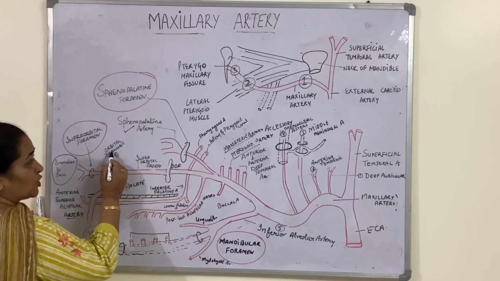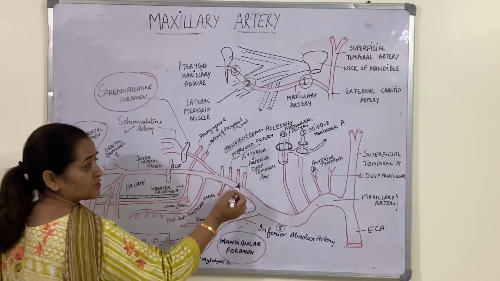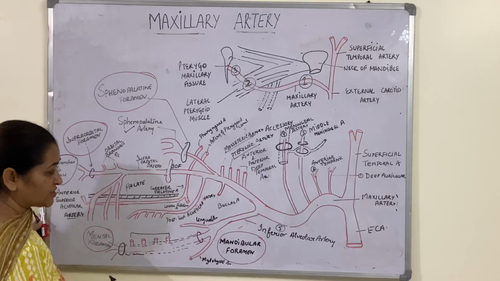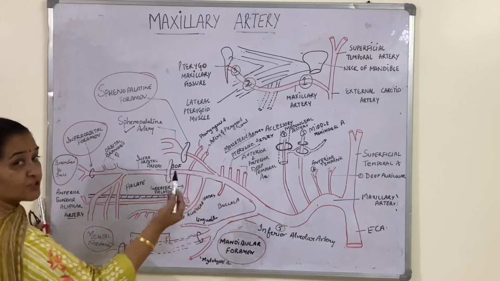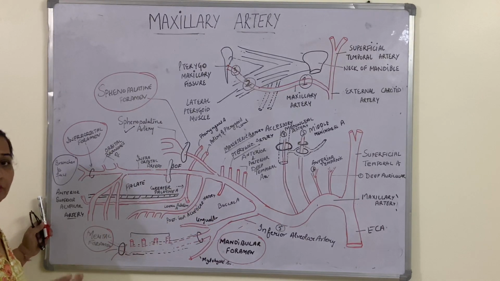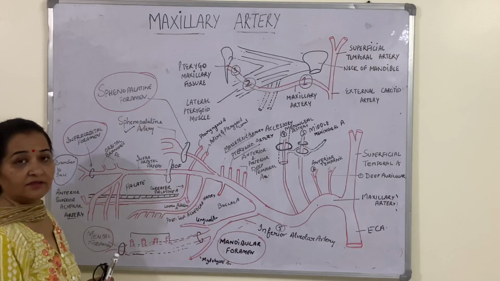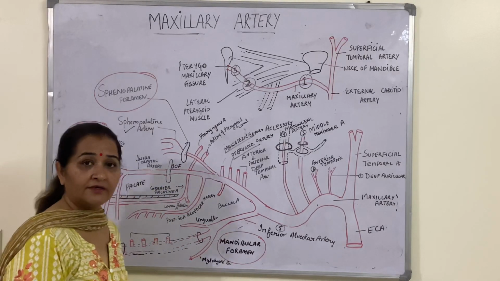Similarly, the orbital branches go to the orbit. Then the muscular branches go to the different muscles of mastication. Then the buccal is in relation to the buccinator. So the name itself indicates which portion, in the course of the maxillary artery, is going to be supplied by that artery. So this is all about the maxillary artery.